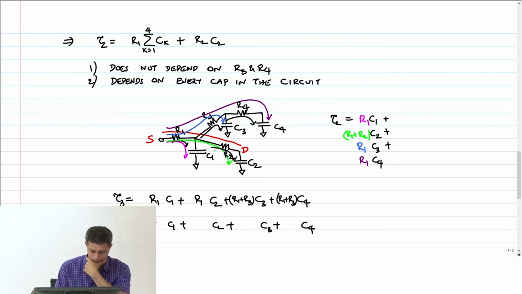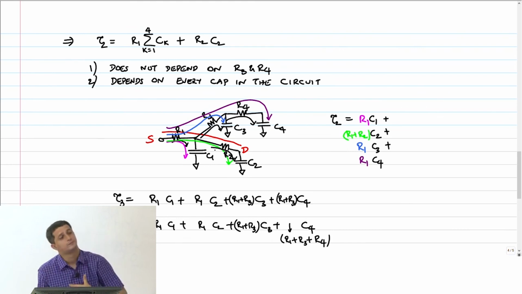R1 for C1, R1 for C2, and for C3 this is R1 plus R3, and for C4 it is R1 plus R3 plus R4. Okay? So this you will have to learn to apply very diligently, correctly in various scenarios. Okay?